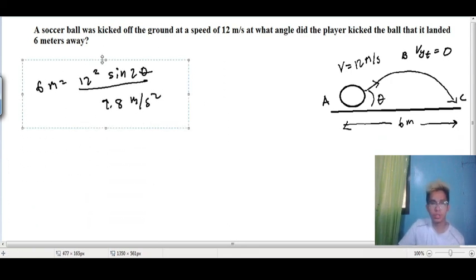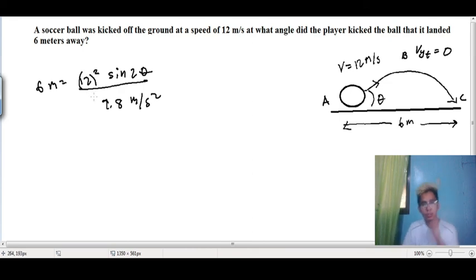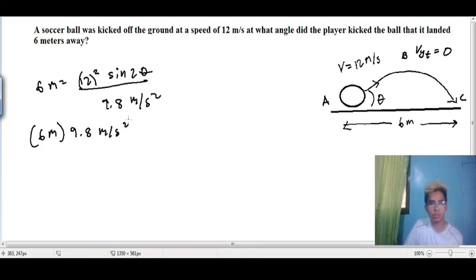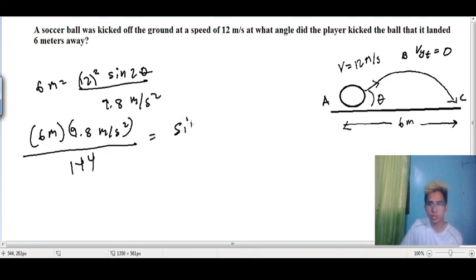So using your knowledge in algebra, it is called isolation of variables. You will come up with 6 meters times 9.8 meters per second squared all over 144 is equal to sine 2 theta.